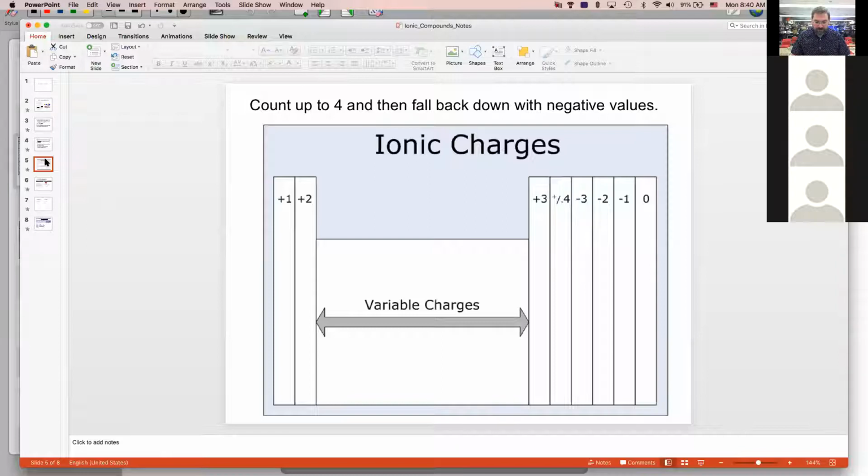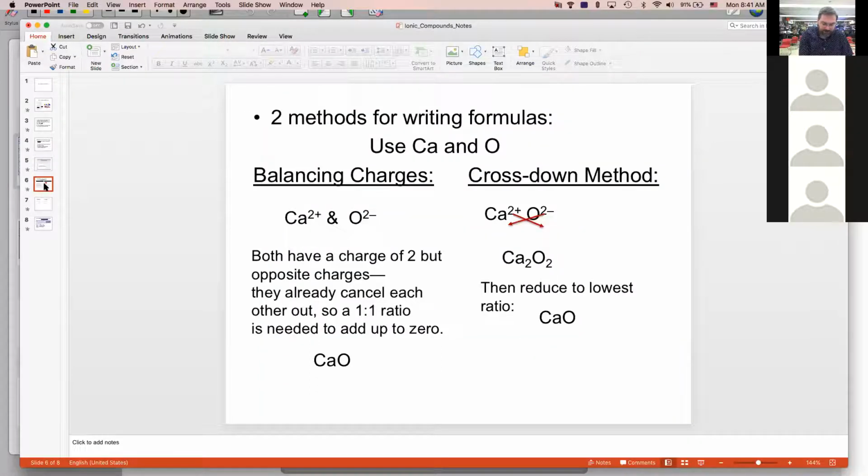So you can keep this chart in mind, where you have charges from +1, +2, +3, and the charge for noble gases is 0, and then going from right to left, it's -1, -2, -3. So those are the ways that you figure out what charge atoms as ions have on the periodic table.